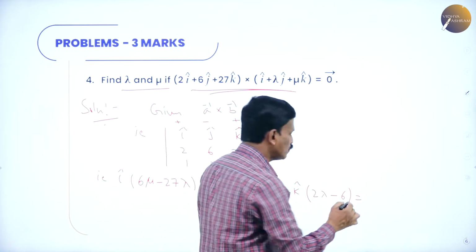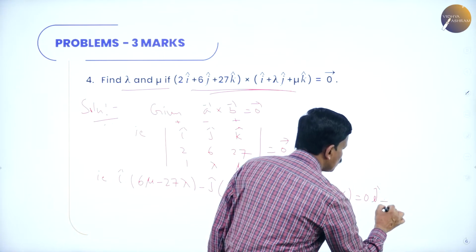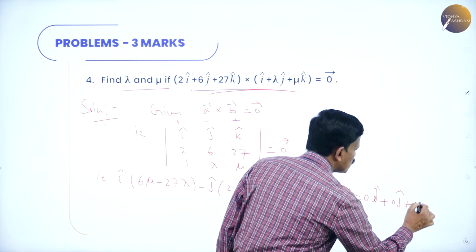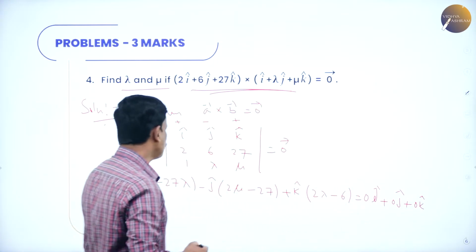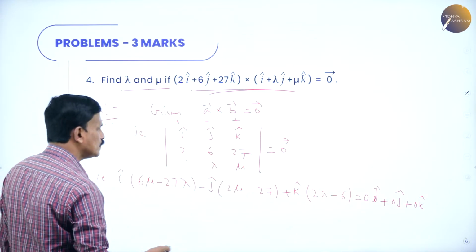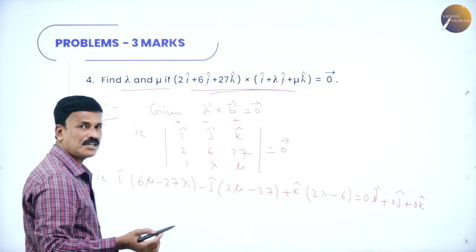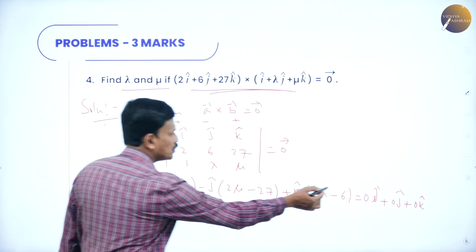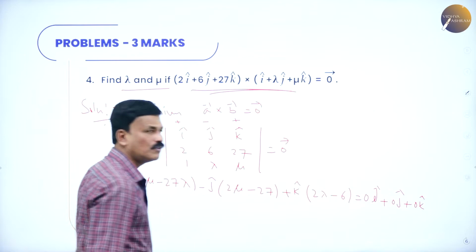The 0 vector is written as 0i plus 0j cap plus 0k cap. Now equate the coefficients of i, j and k. So the i coefficient is 0, j coefficient is 0, k coefficient is 0.